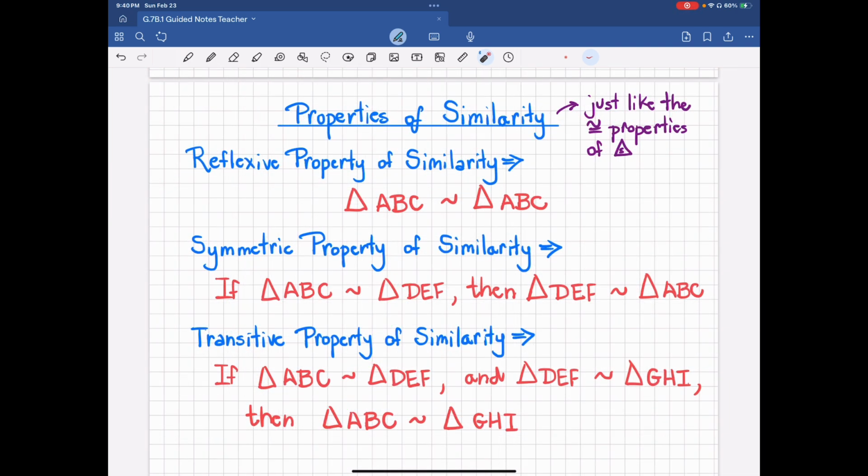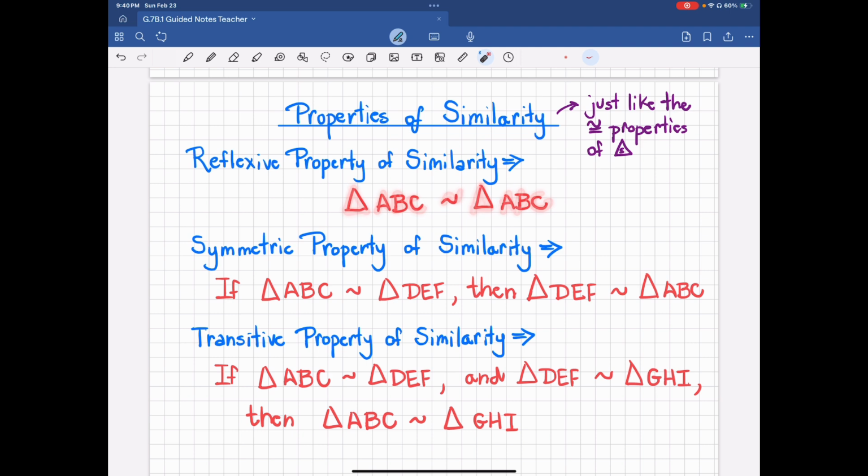Just like we have the congruence properties for triangles, we also have similarity properties for triangles, and there are three of them. The first is the reflexive property, the second is symmetric, and the third is the transitive property. These are called the properties of similarity. The reflexive property says that every triangle is similar to itself.